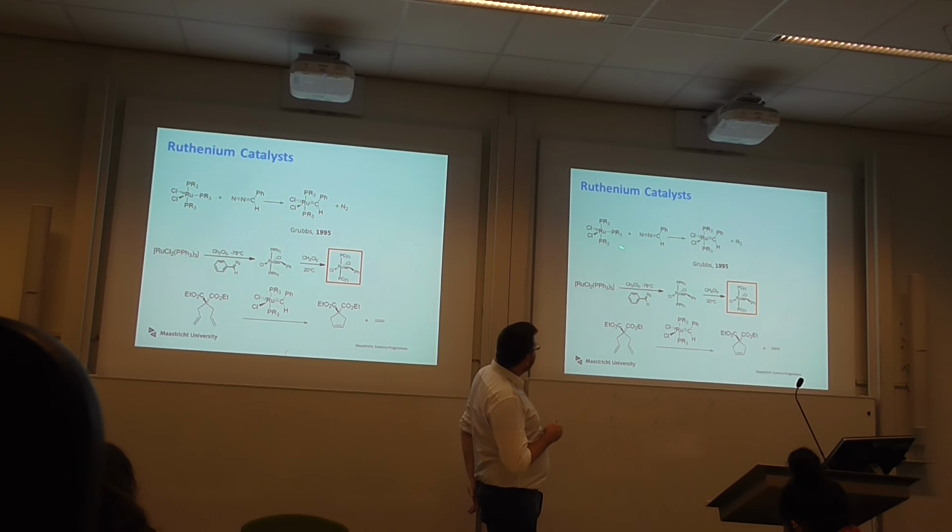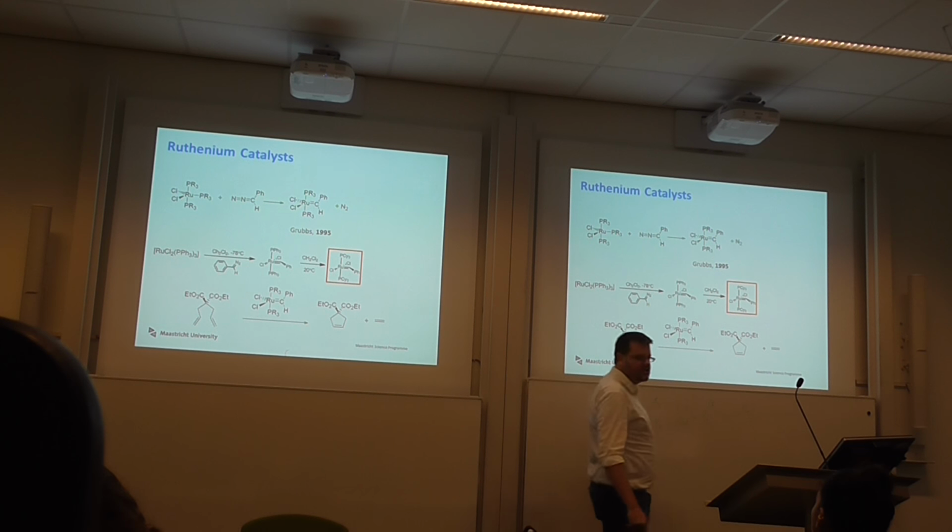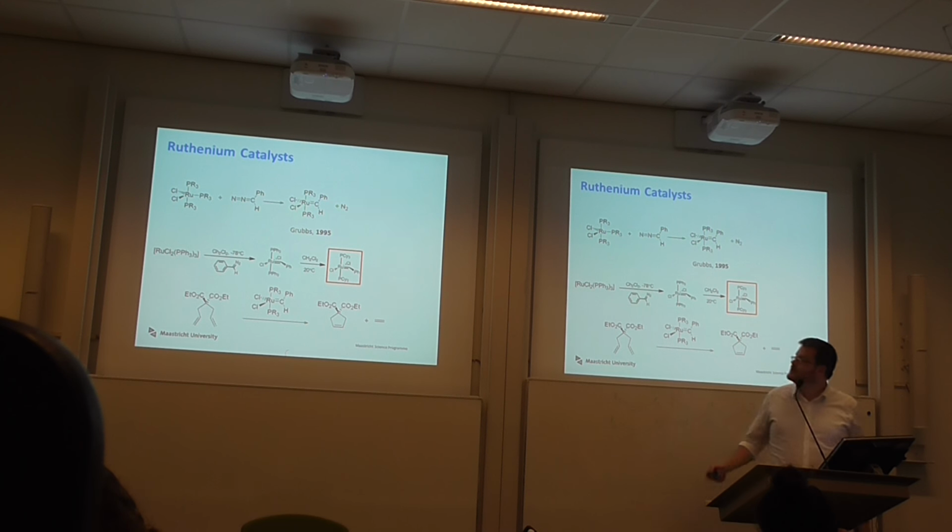And he does this by a very elegant, if we just concentrate on the top here, dinitrogen elimination route. So what he's basically doing here is he starts off with this ruthenium-2 complex, ruthenium dichloride tris cyclohexylphosphine.